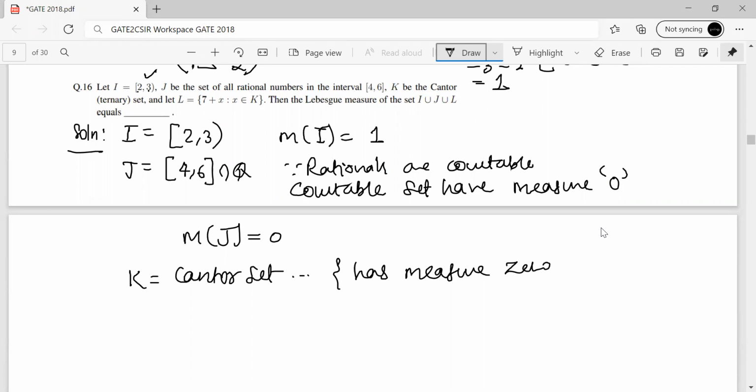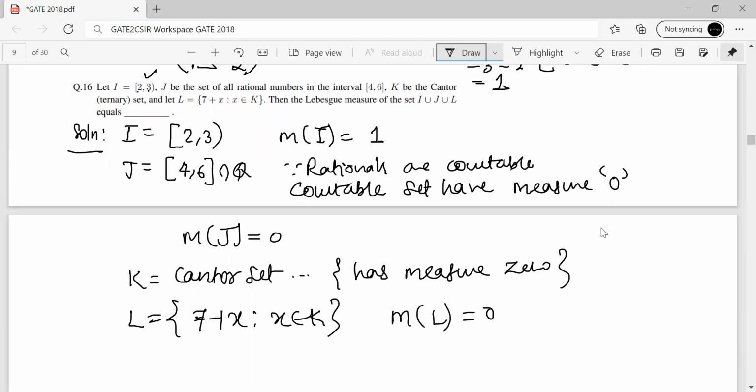Cantor set is the counterexample: uncountable, but measure 0. Now L is the collection of 7 plus x, such that x comes from the Cantor set. This set has measure 0, and if I shift it by adding a constant, it still has measure 0. So the measure of L is also 0.